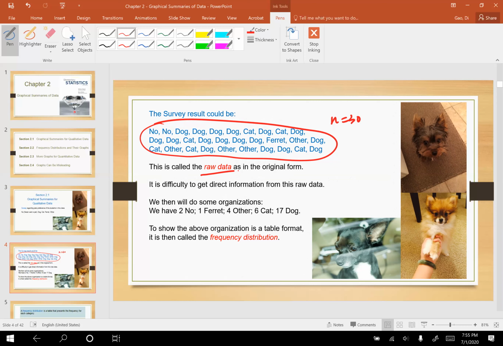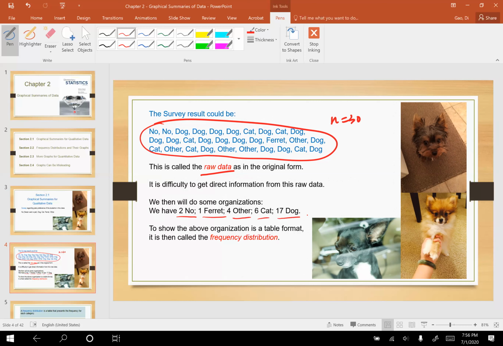The way we want to organize it is basically as follows: we're going to count how many students select no, how many select dog, how many select cat, and so on and so forth. Now if we look at the organized results, we have 2 no, 1 ferret, 4 others, 6 cat, and 7 dog.